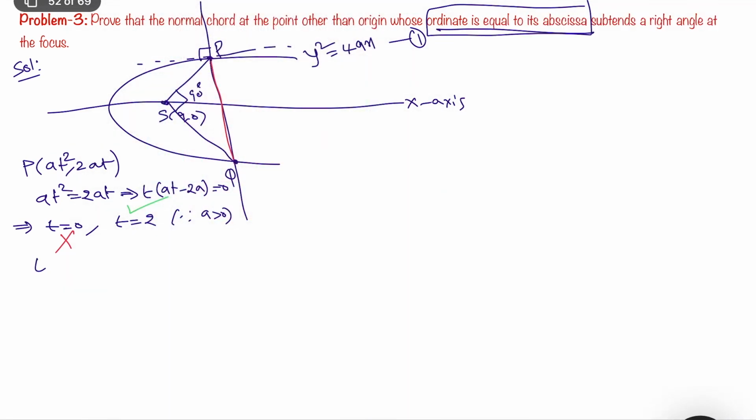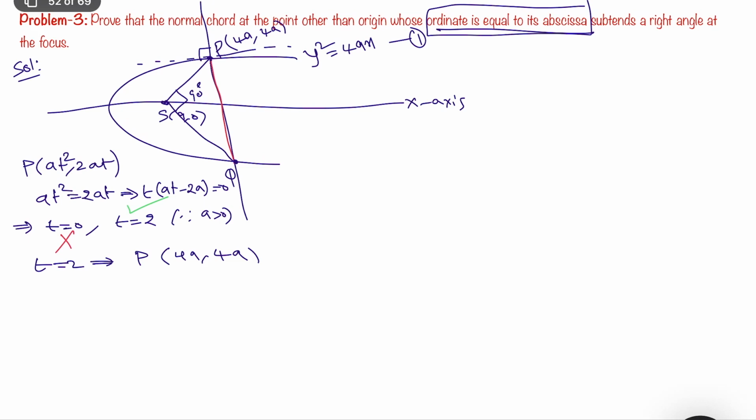Okay, now for t equal to 2, what is the point? If you substitute t equal to 2, you get (4a, 4a). So P is going to be (4a, 4a). We got the coordinates for one end point of this normal chord PQ.